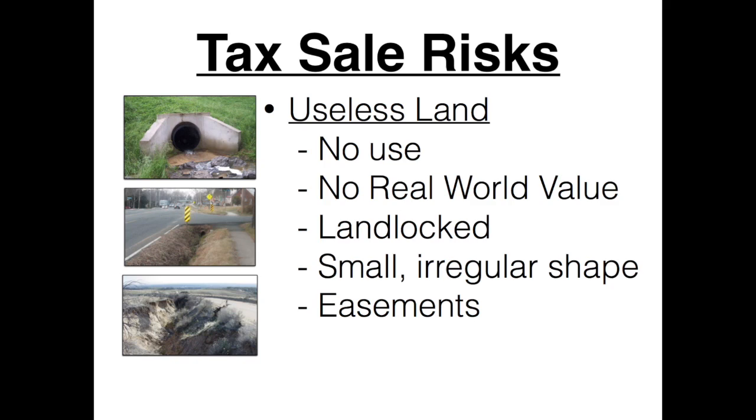Other types of property can include landlocked properties, meaning that there's no access to the property from public roads. The only way you can access the property is through other private property. Oftentimes these properties are also small and irregular shaped. When we say small, we're usually talking about less than a tenth of an acre, so they could be a 15th of an acre or smaller, essentially too small to fit any kind of building or structure on.